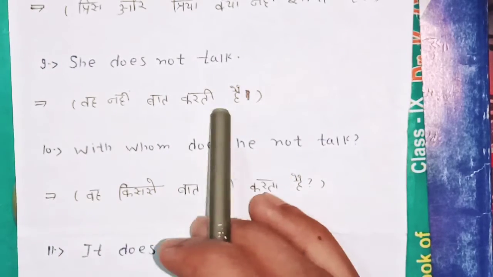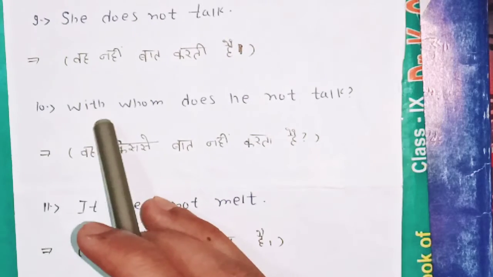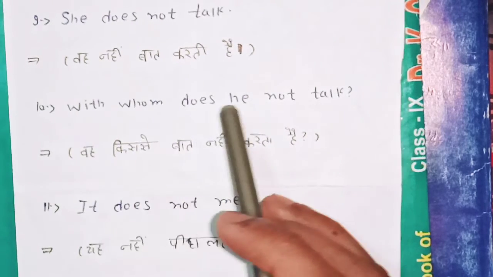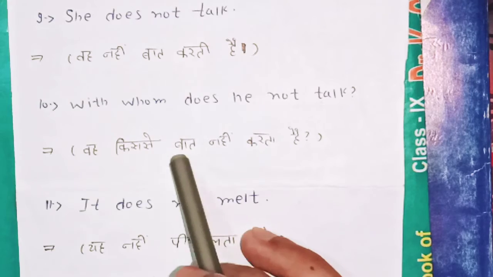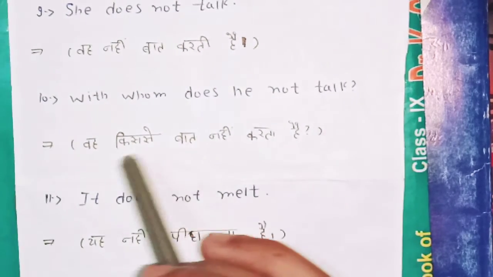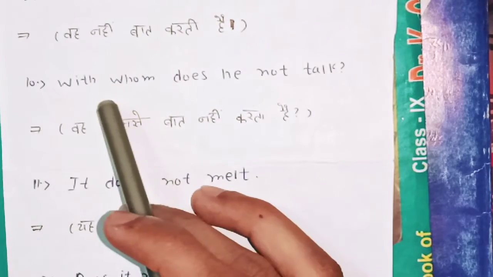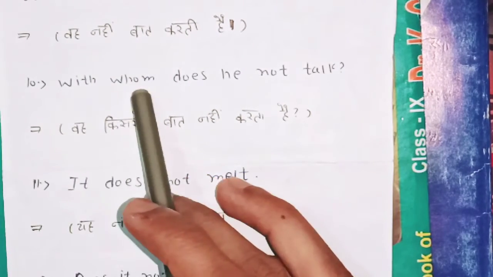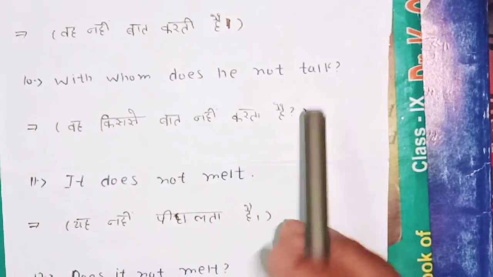Now the tenth sentence: With whom does he not talk, वह किससे बात नहीं करता है.